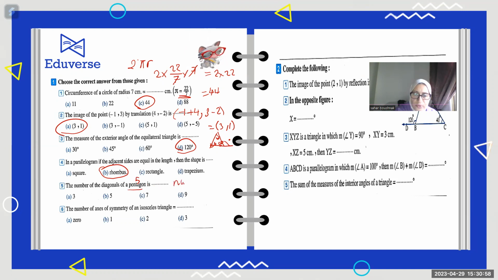So the number of diagonals, remember the rule, equals n multiplied by n minus 3, over 2. So it will be 5 multiplied by 2 over 2, equal 10 over 2, which is equal to 5.